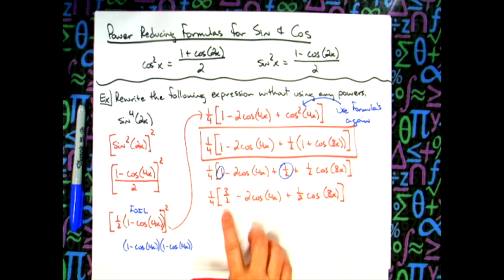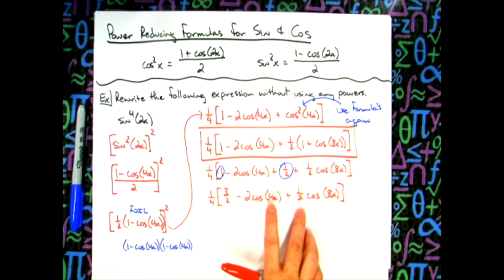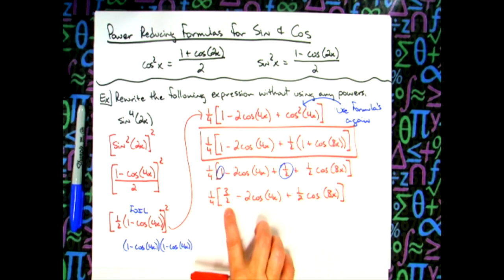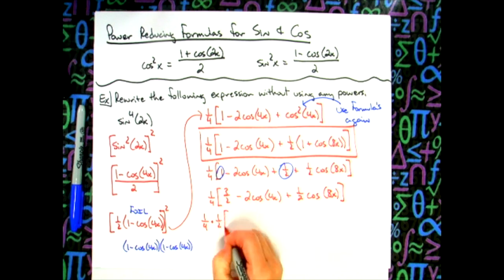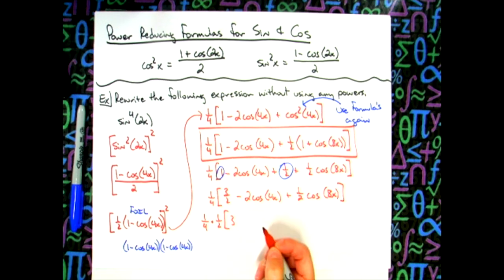Now from here, if you wanted to get rid of all the fractions on the inside, I could pull out a 1/2. So let's keep the 1/4 that's here. Let's pull out another 1/2 to get rid of that, which will leave us with a 3 in this first term. What would I have to have here so that 1/2 times it gives me that 2? It's going to be a 4.